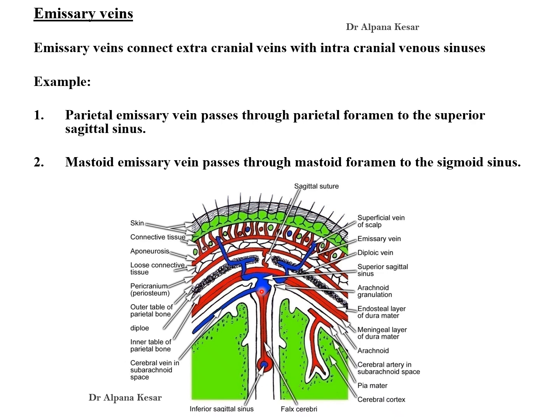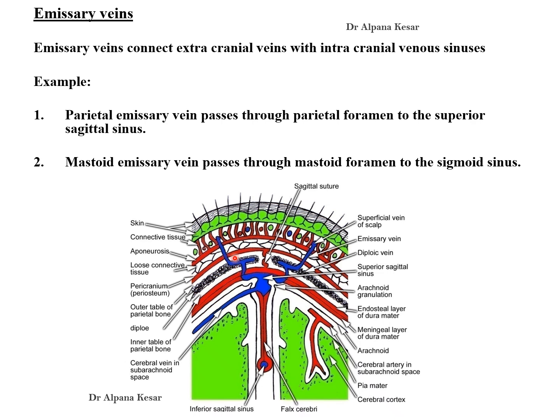The function of emissary veins is that whenever there is an increase in blood pressure in the intracranial dural venous sinuses, blood can flow through emissary veins into the extracranial veins. This helps in normalizing the blood pressure inside the intracranial veins. Emissary veins are valveless veins, which means blood can flow in either direction.